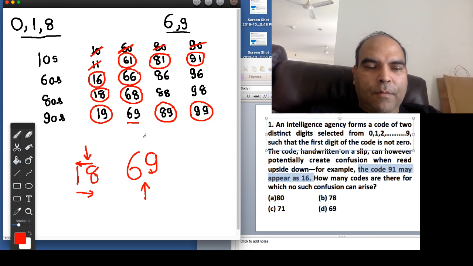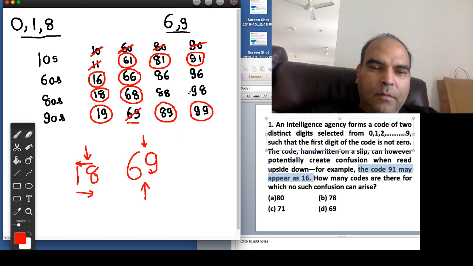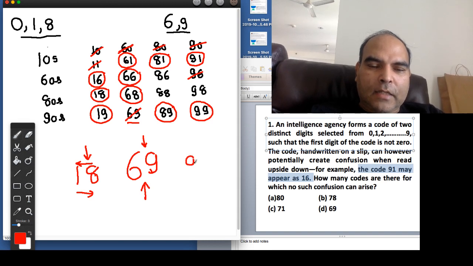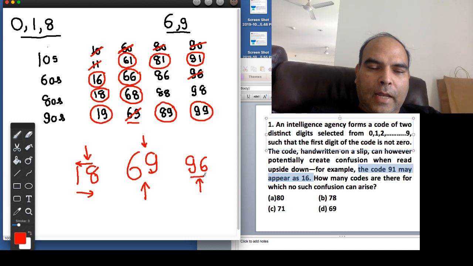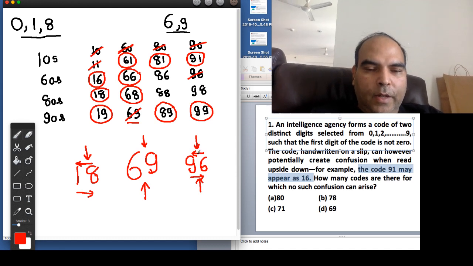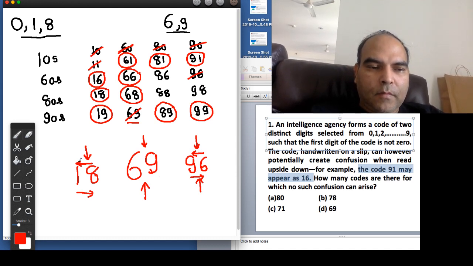If you look at 69 from the top, it still looks like 69. So one of the mistakes a lot of people made was they used the pair 69 and 96, but that pair is not going to be used, just like 96, whether you look at it from here, 9 and 6, or you look at it from there, 9 and 6, both these will remain the same. Right? So 69 does not cause a problem.